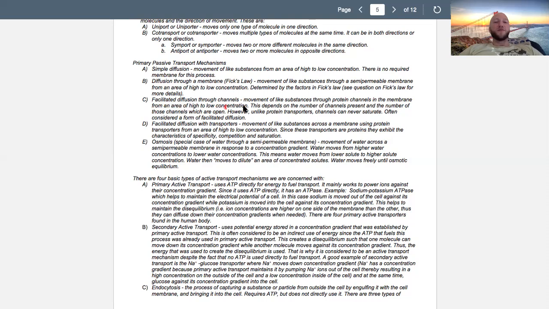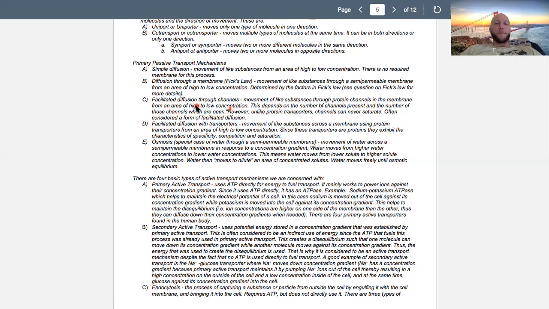Facilitated diffusion through channels. Movement of substances through protein channels in the membrane from an area of high concentration to low concentration. It depends on the number of channels present and the number of those channels that are open.